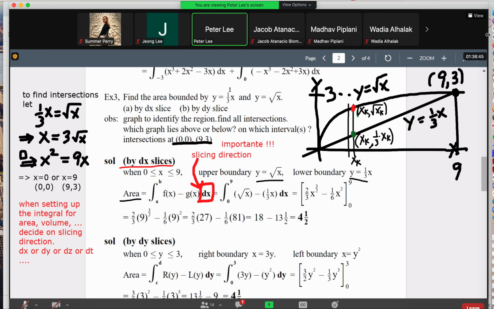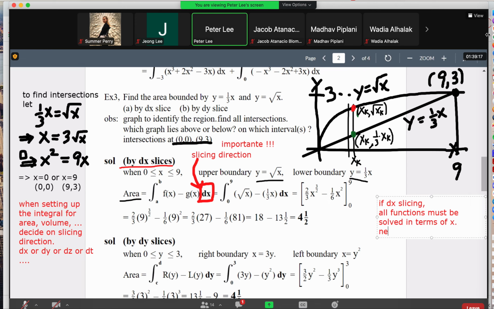And by the way, once the slicing direction is x, here's the key. If dx slicing, all functions must be solved in terms of x.